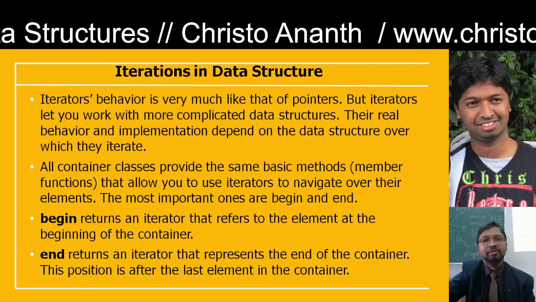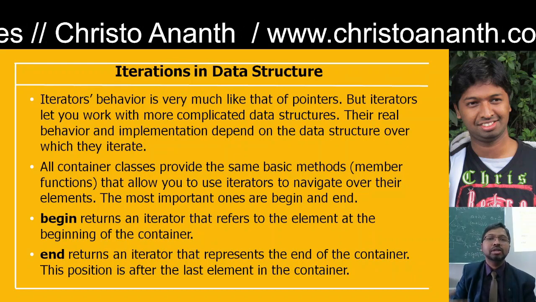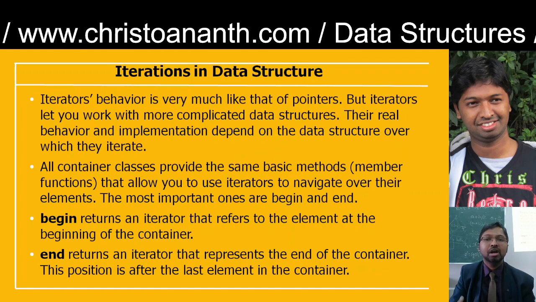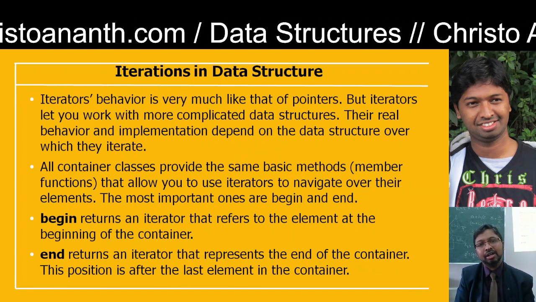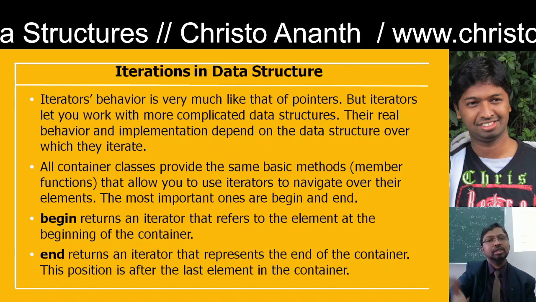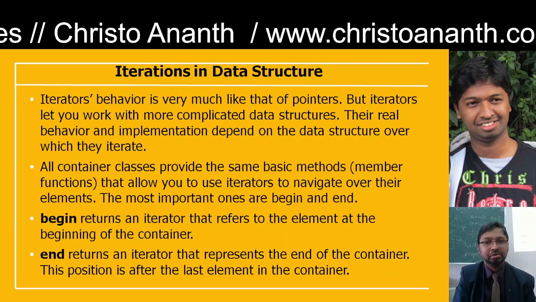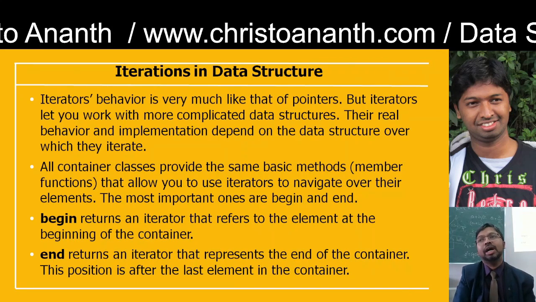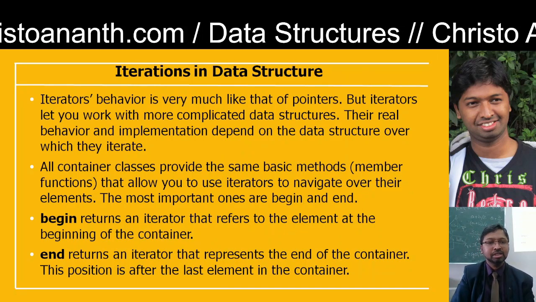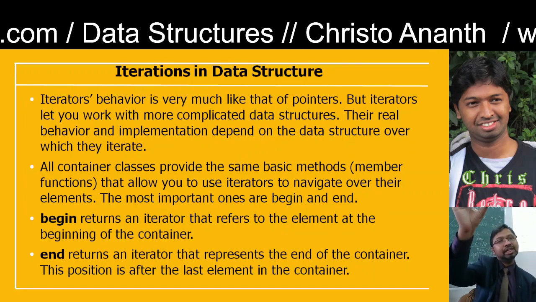So iterator behavior is just like pointers. With iterators you can work much more easily with complicated data structures as well. Of course, the real behavior and implementation depend on the data structure you are iterating over. All the container classes have the same basic methods that use iterators to navigate over the elements. Normally it starts with begin and then end.